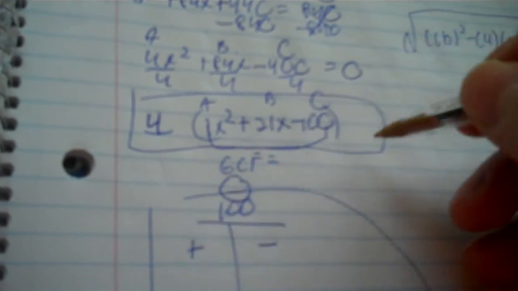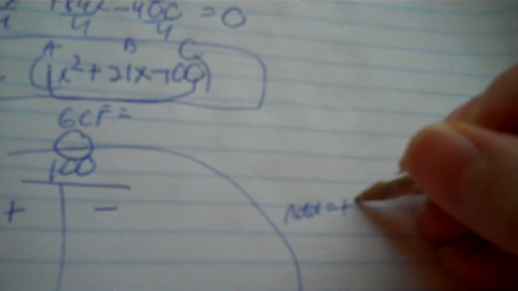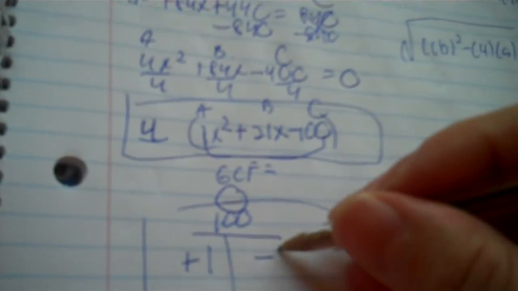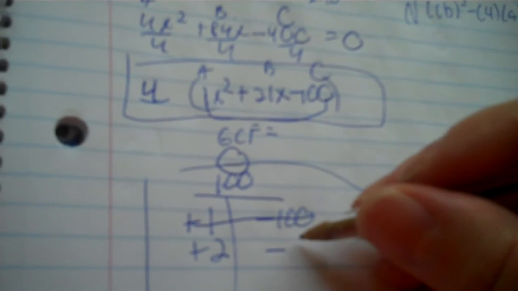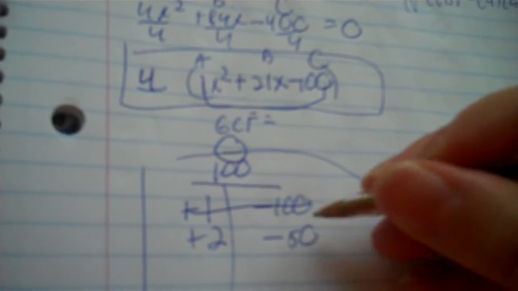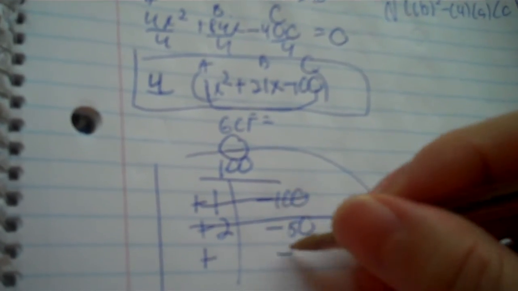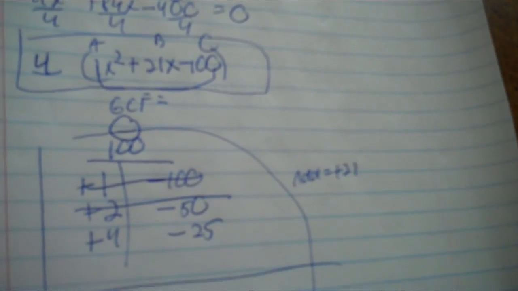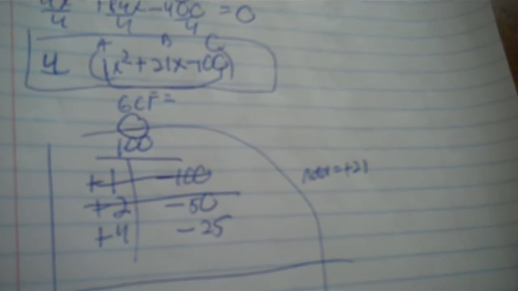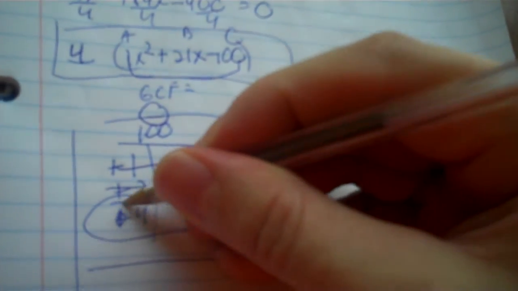Okay, remember, go from here. And we're adding to try to get to plus 21. 100, nope. Divide by 2, you get 50, nope. 100 divided by 3 is decimal, 100 divided by 4 is 25, okay. So that adds to negative 21, so we stop there. We just need to put plus and minus.